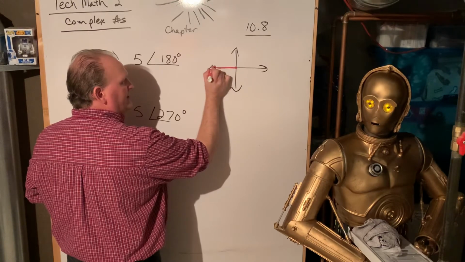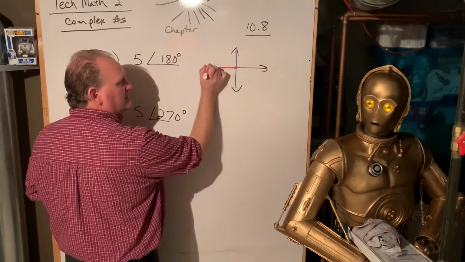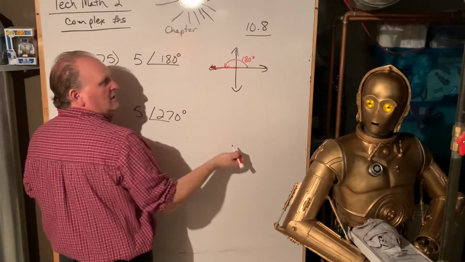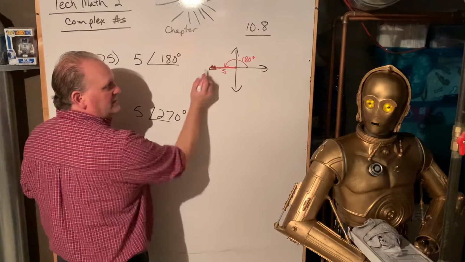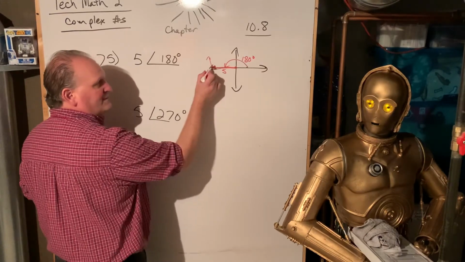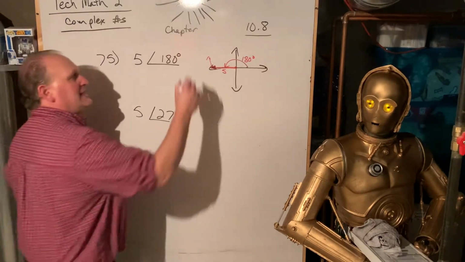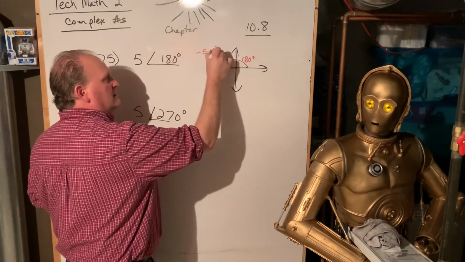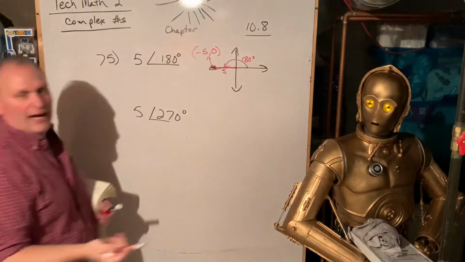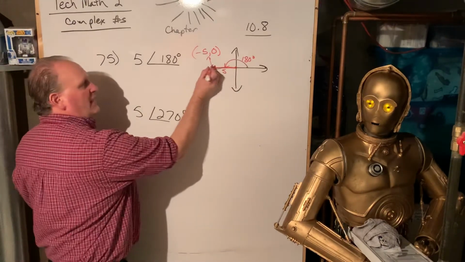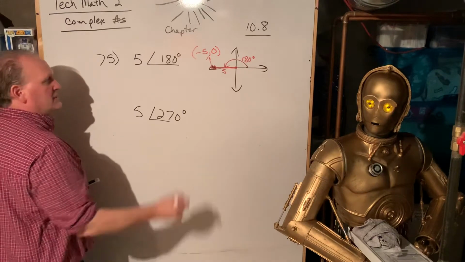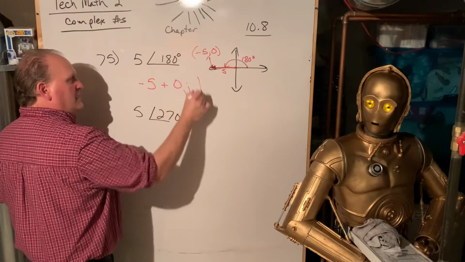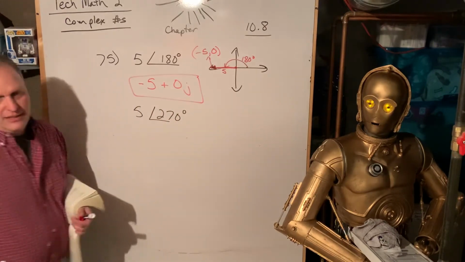That's 5 right to there, and that's 180 degrees. The coordinate of that is -5, comma 0, because we just treat the xy as the point at the end of the vector. And so that would be -5 plus 0j if I wanted to put it into rectangular form.